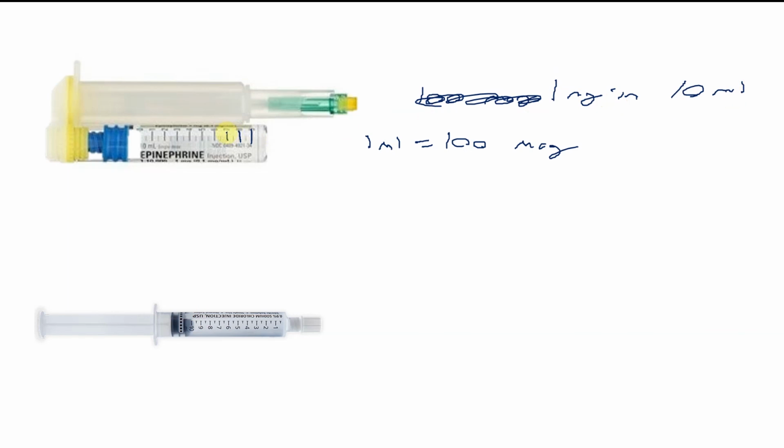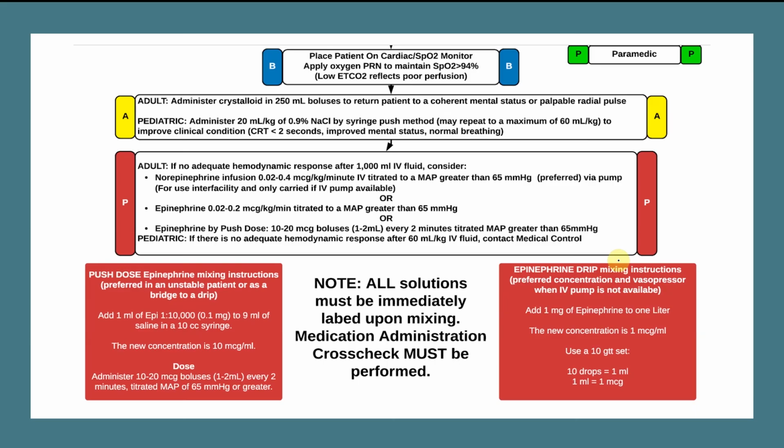So that makes each ml 100 mics. So what we're doing is putting 100 mics in 10 mLs. So that is 10 micrograms per ml, assuming that you shook it up enough. 10 micrograms per ml. So how much do you give?